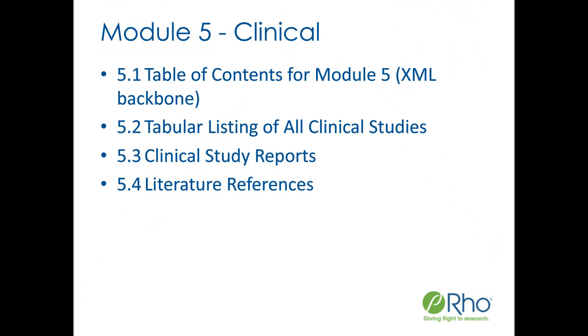The clinical, Module 5, contains primarily of importance both the tabular listing of all clinical studies, and FDA has a very standard format for this table that allows them to look at your entire clinical program and see what was done in significant detail.